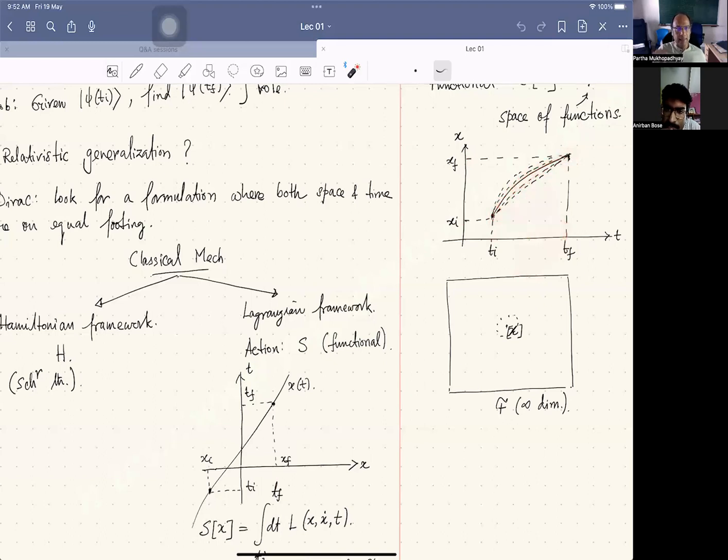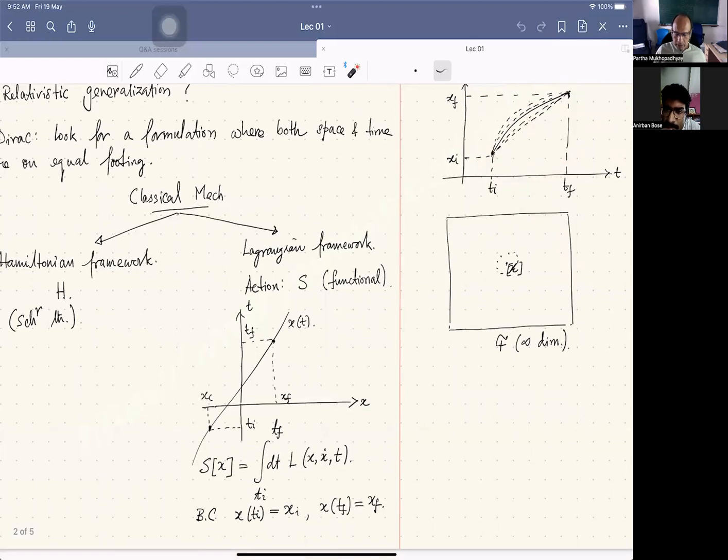You take that information and put that in the Lagrangian. Lagrangian is a function like half m x dot square minus potential of x, right? It's a function of x and x dot. You plug that functional form for x and x dot into it.